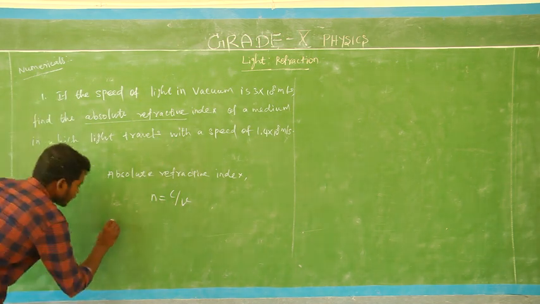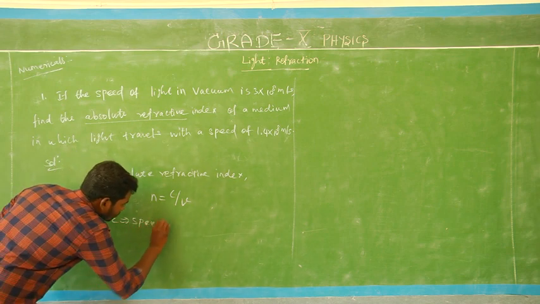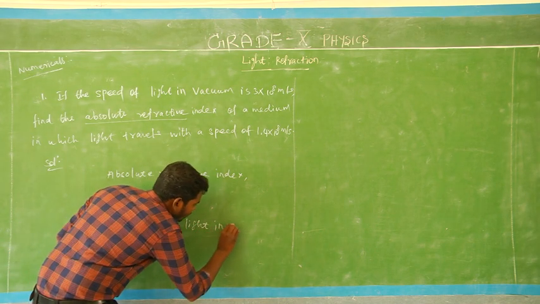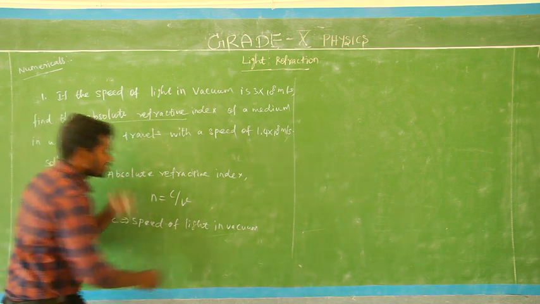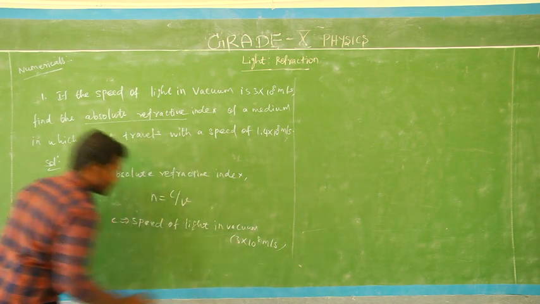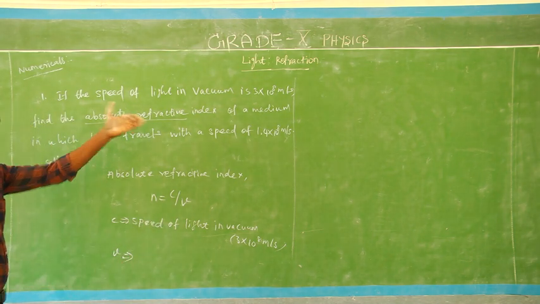So here, what is c? The speed of light in vacuum, which is 3 into 10 to the power 8 meter per second. Then v, what is that?